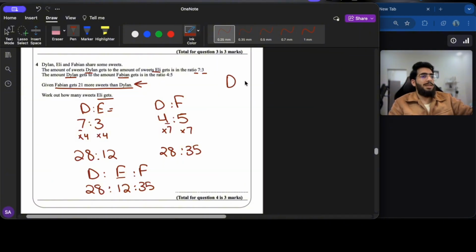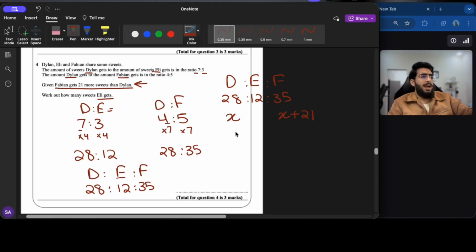So we know D ratio E ratio F is 28 ratio 12 ratio 35, and we know a condition that F gets 21 more sweets than D. So let's assume D gets X. All right, and then we know F gets 21 more, so I can write it as X plus 21.